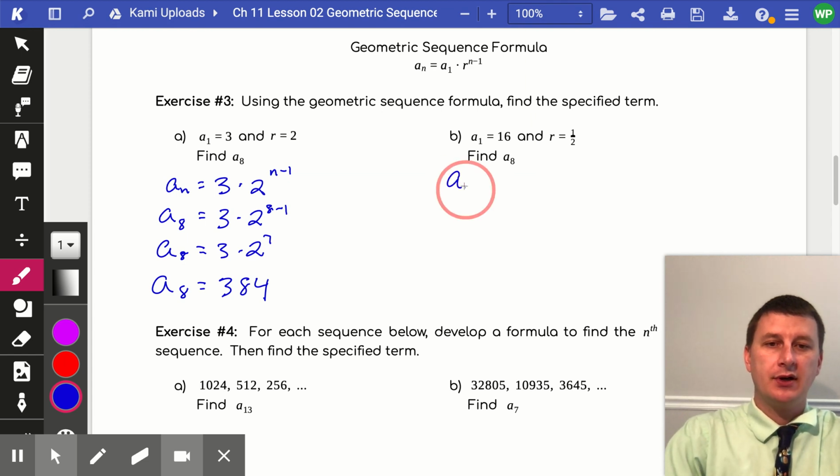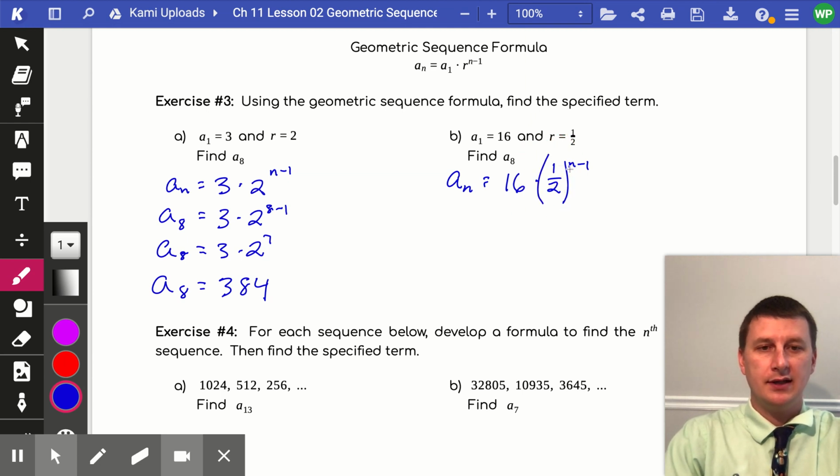So again, let's just start off by substituting into our formula what we know from the top line. And we know that our first term is 16 times our r value of 1/2 to the n minus 1. And I like to put fractions in parentheses just because with the exponent, you can never tell if it's just in the numerator or the entire fraction. So let's put that fraction in parentheses.